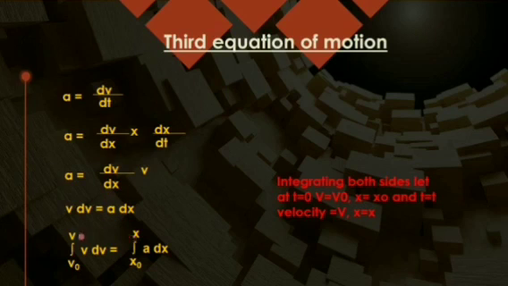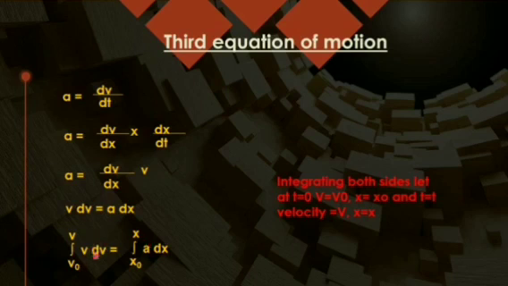Now here the variable is velocity, and here the variable is position or distance. So when I have to take the limits, here for distance, here for velocity, my suppositions are again the same. At time t equals 0, velocity is v0 and x equals x0, and at time t, velocity is v and x equals x. But time limits are not to be taken here, because the time variable is not there; the variable is only for position.